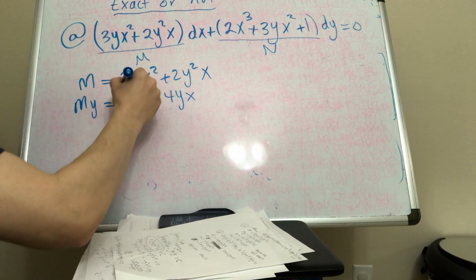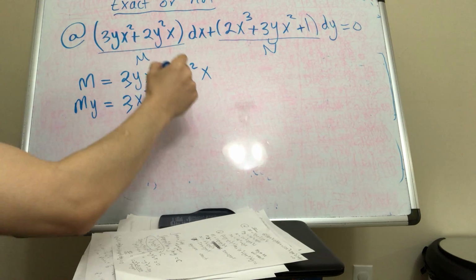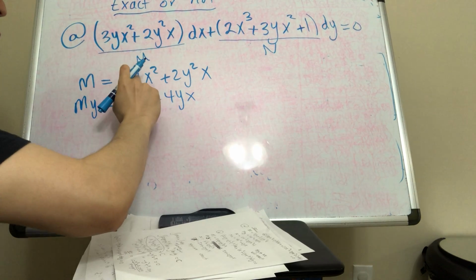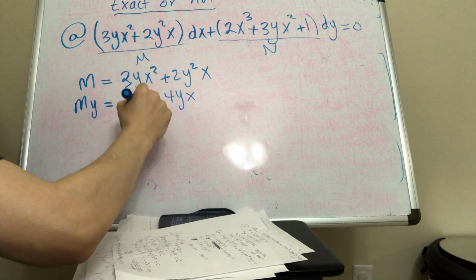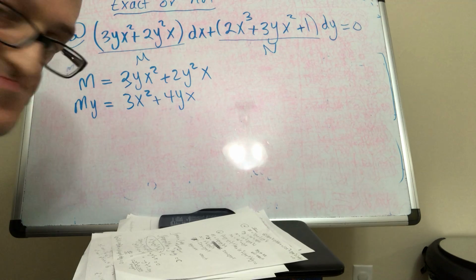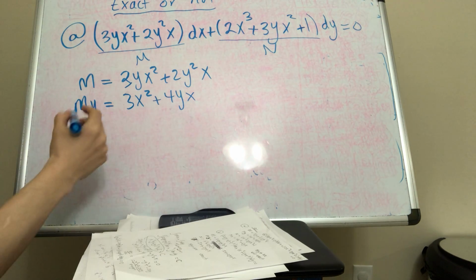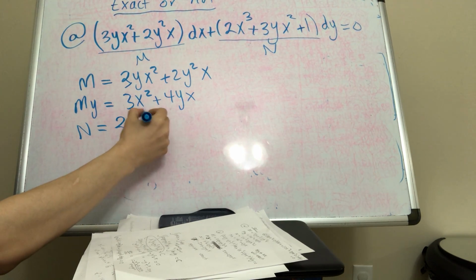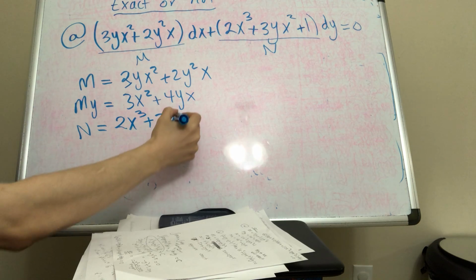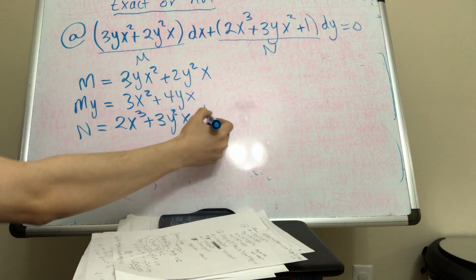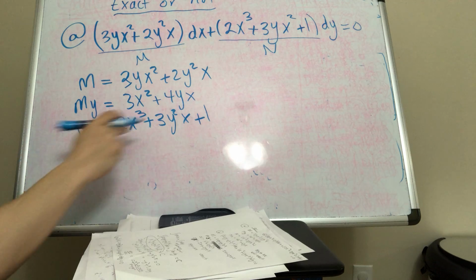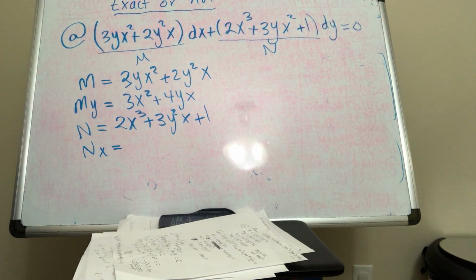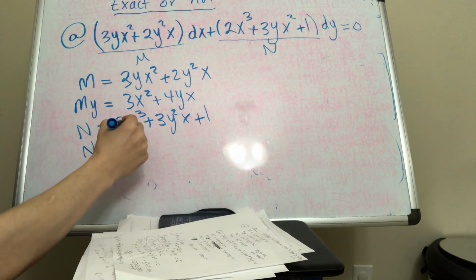This one is 3, sorry. So you find the derivative, and constant y would be the constant, and this would become like this. Good? You also have N as being 2x³ + 3y²x + 1. And since this one is in dy, we find its derivative with respect to x. 3 down.